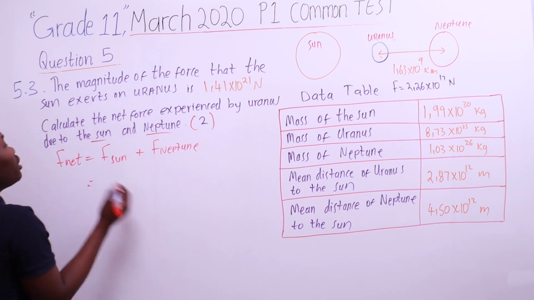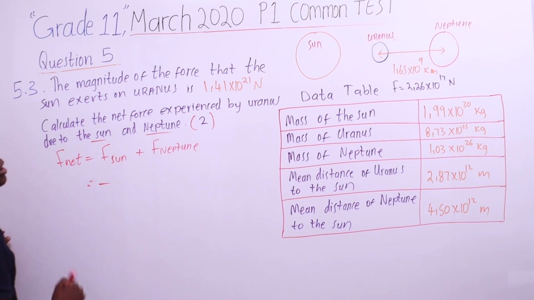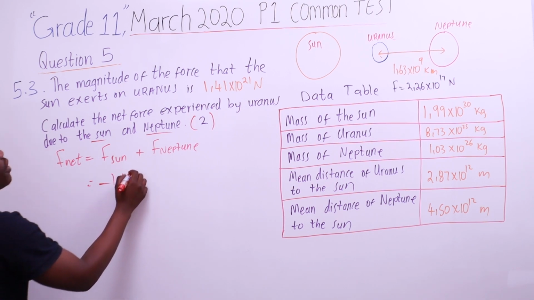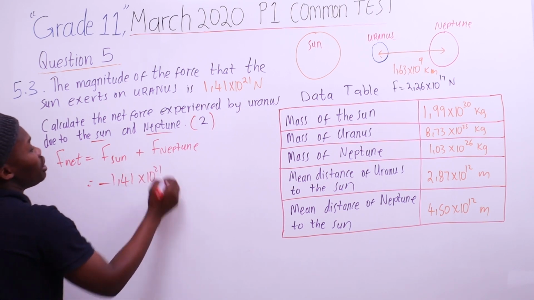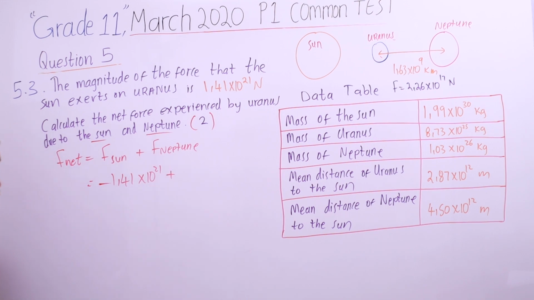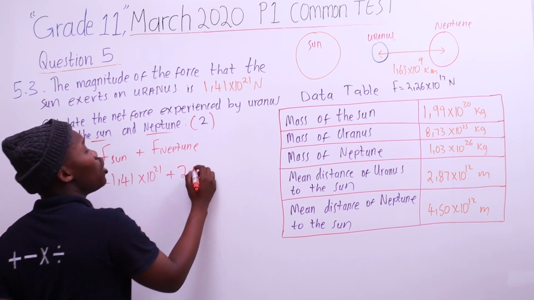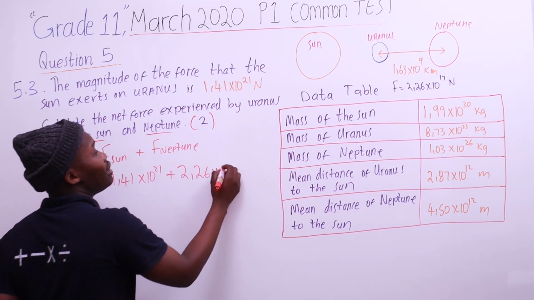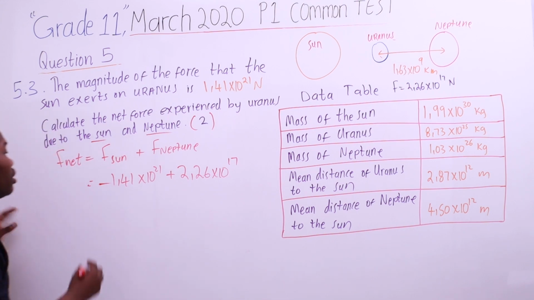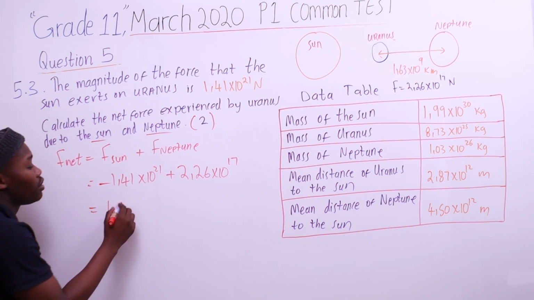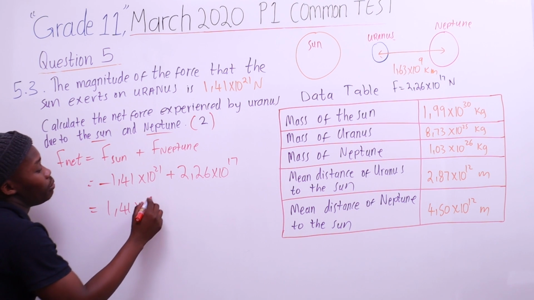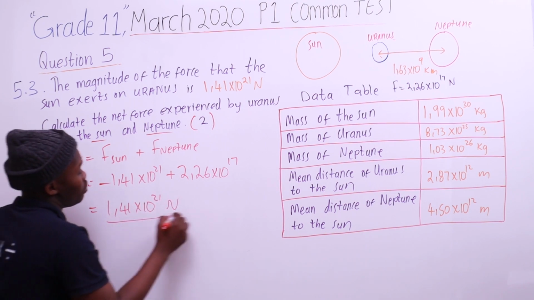So it's negative 1,41 times 10 to the power 21 plus 2,26 times 10 to the power 17. Our final answer will be 1,41 times 10 to the power 21 newtons.